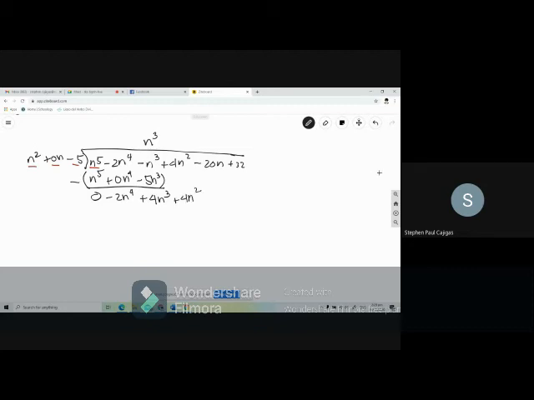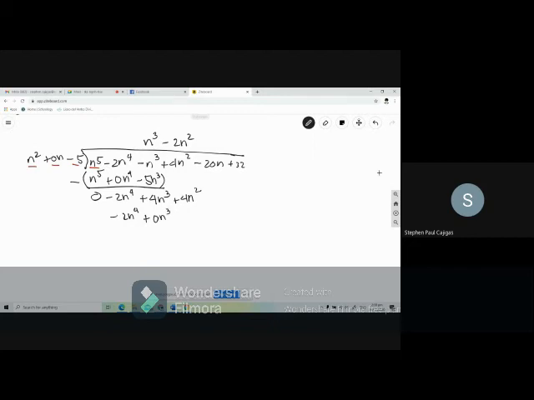And then we continue the division. Negative 2n to the power 4 divided by n squared. So that's minus 2n squared. And then multiply. Negative 2n squared times n squared, of course, negative 2n power 4. And then multiply to 0, so plus 0n cubed.